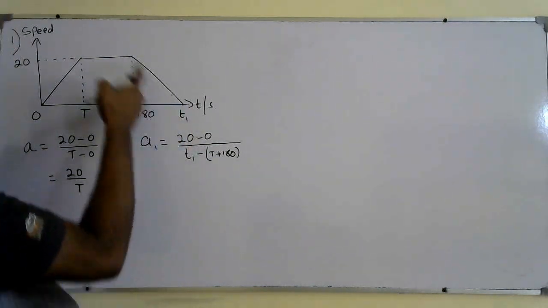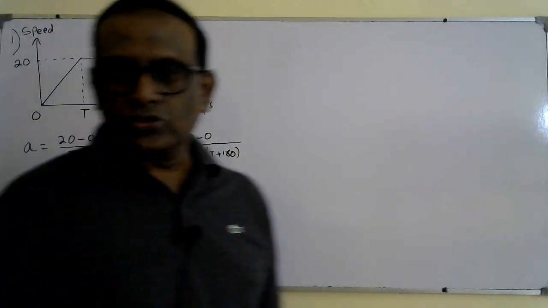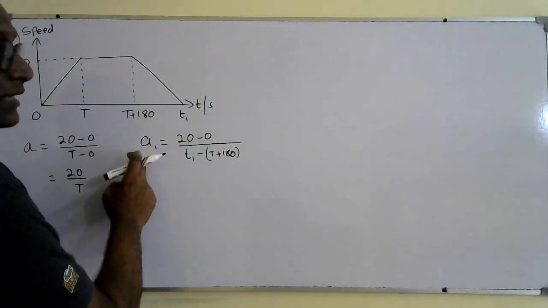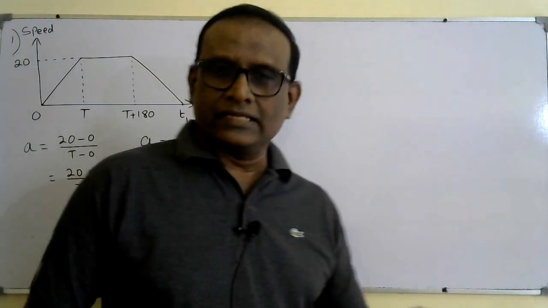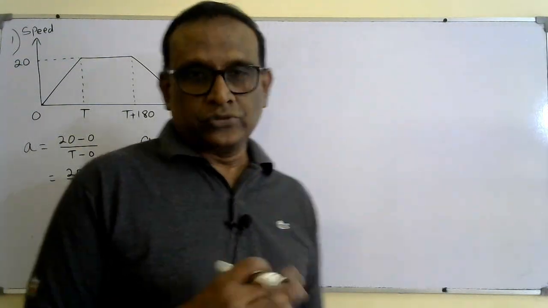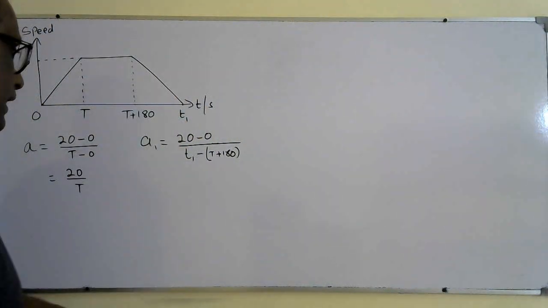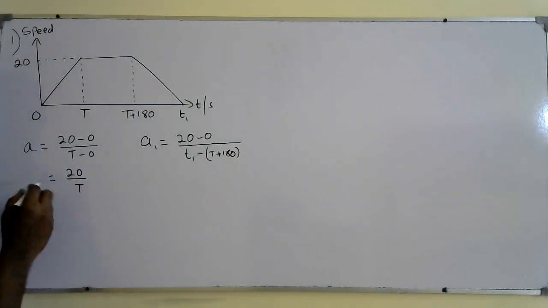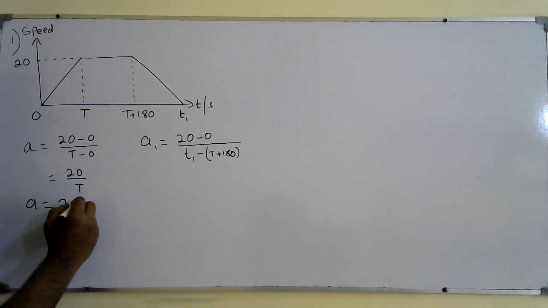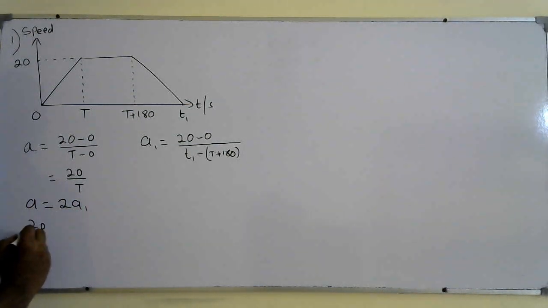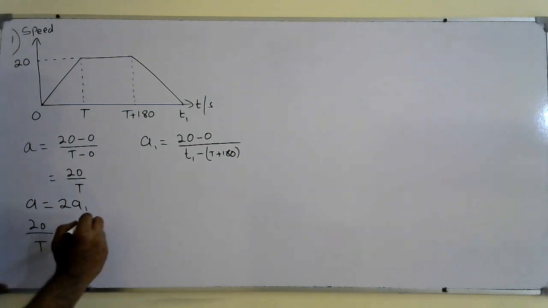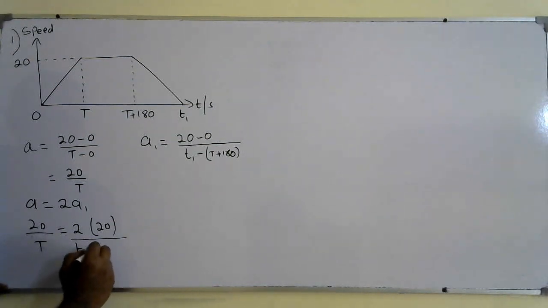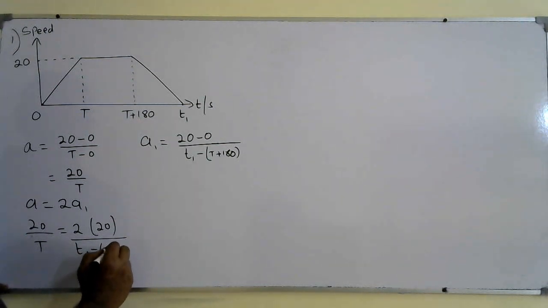It is a deceleration, but I am taking the magnitude, so that's the reason I took 20 minus 0. Normally it should be 0 minus 20, then you will get negative. Negative means it's deceleration, but I'm dealing with magnitude, so I did it the other way. The question says that this acceleration is twice that one, so A is equal to 2 times A1. So 20 over t is equal to 2 times 20 over (t1 minus (t plus 180)).